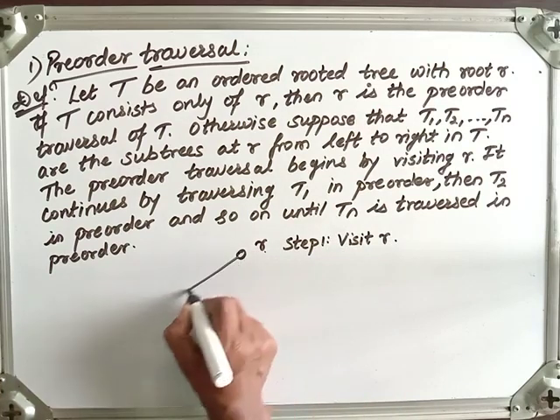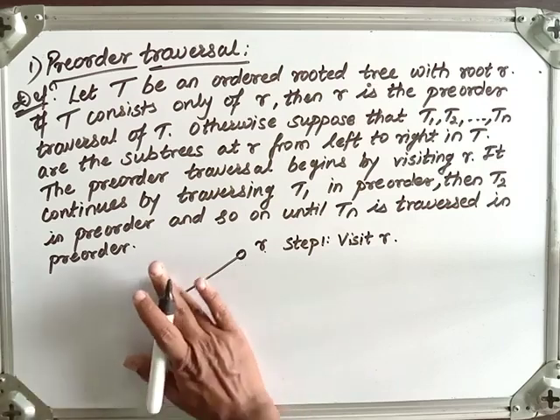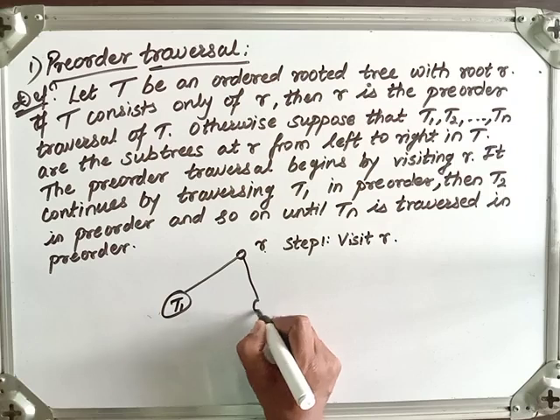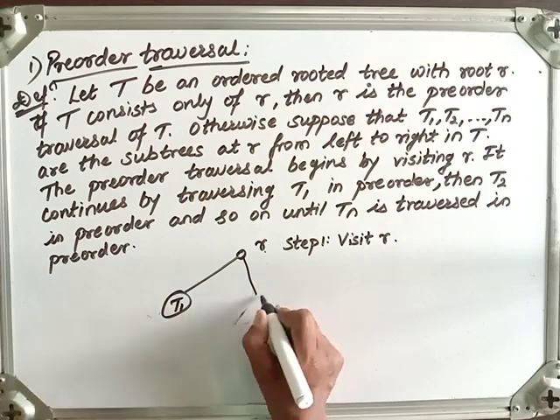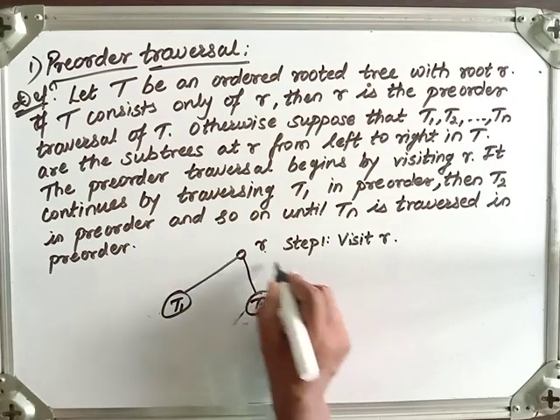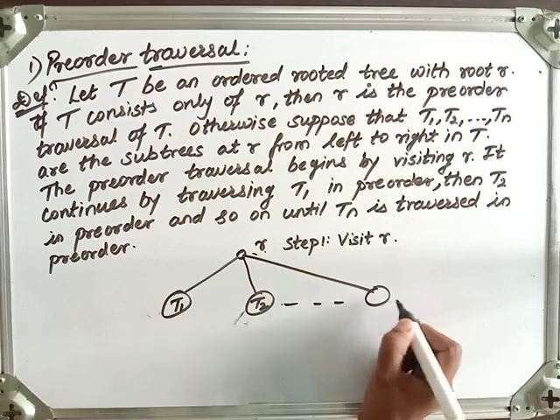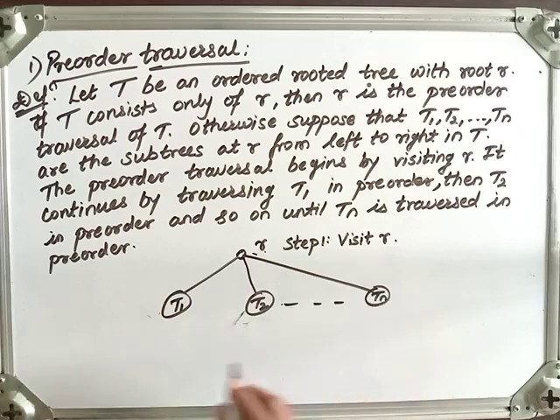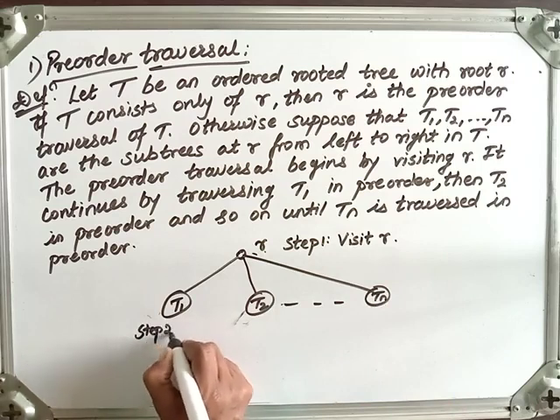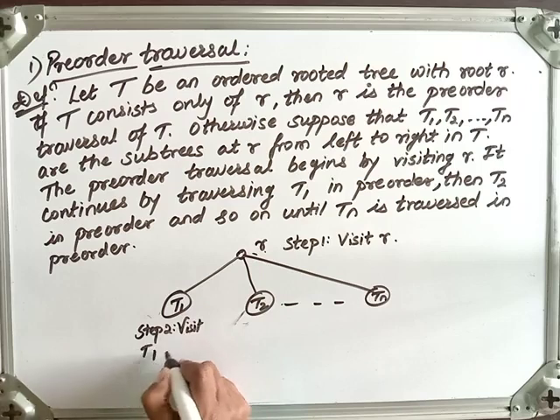Then suppose it has one subtree T1, another subtree T2, and so on, Tn subtrees are there. Then in step 2, visit T1 in preorder.